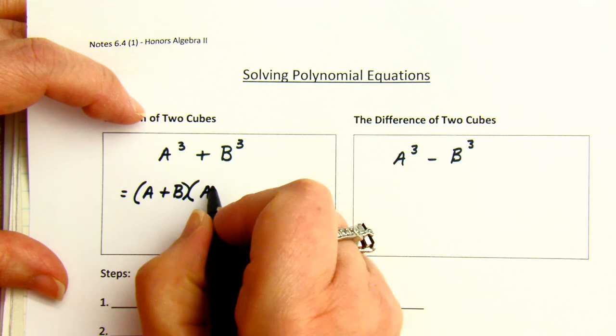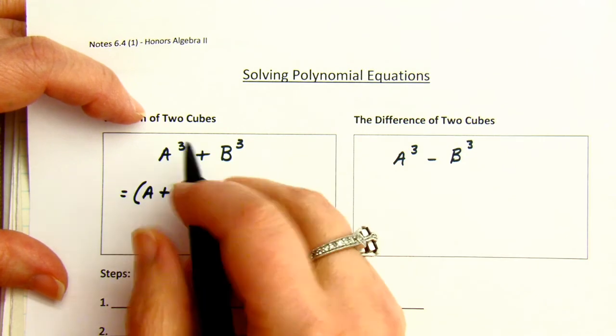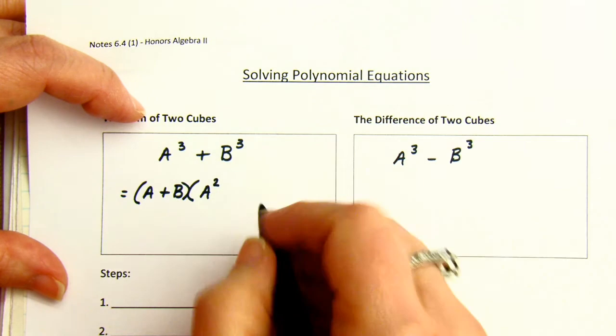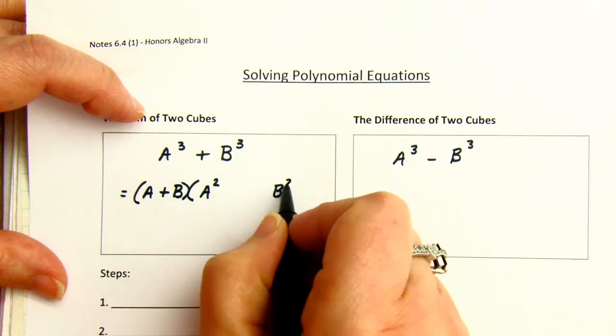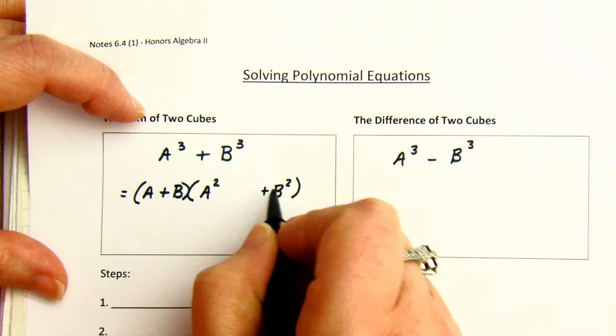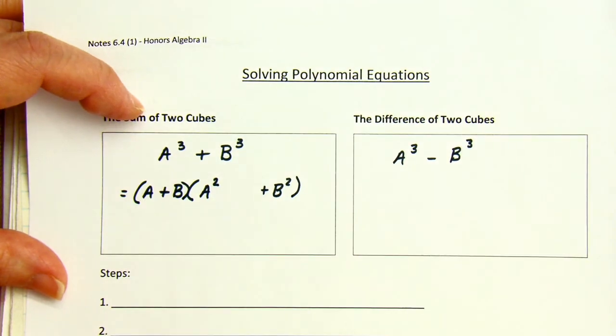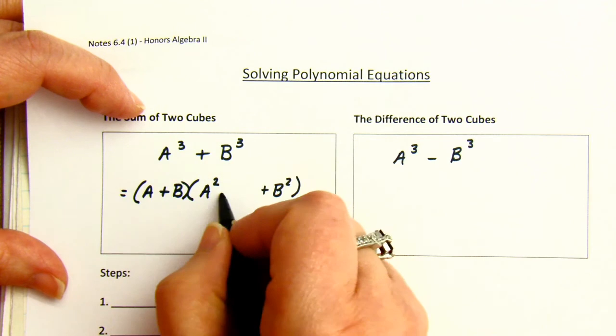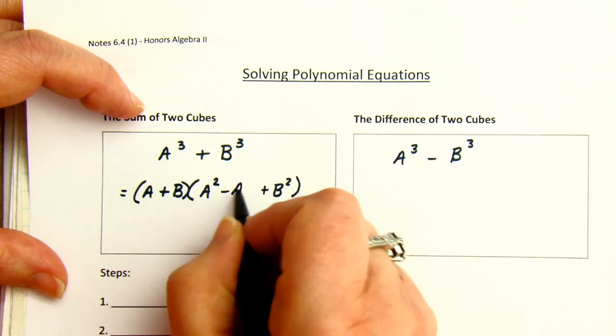All right, so a times a squared would be a cubed. It's got to end with a b squared. It's always plus, right? Because if you square positive or negative, it's always plus. And then the middle sign changes. That's why we don't have any middle terms here. And then it's just ab.